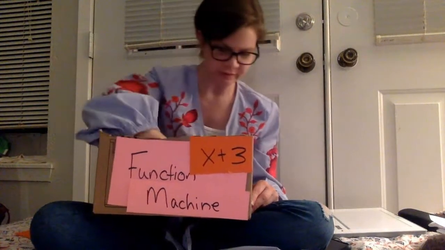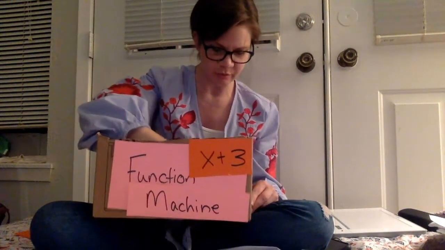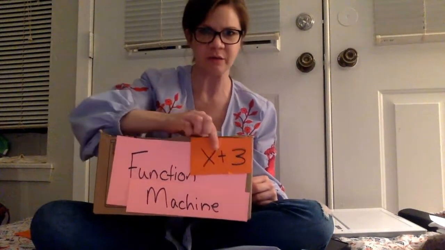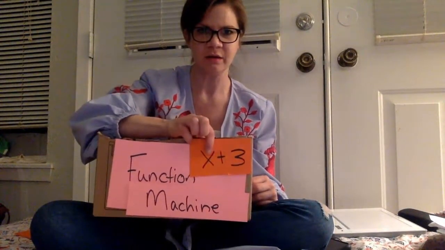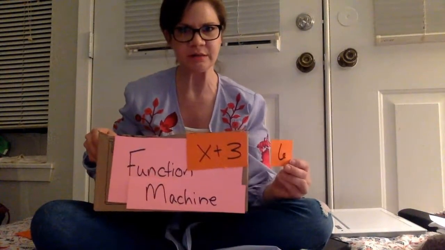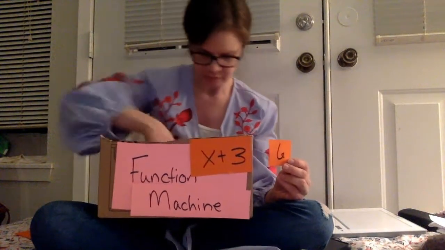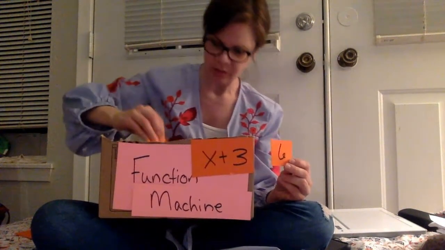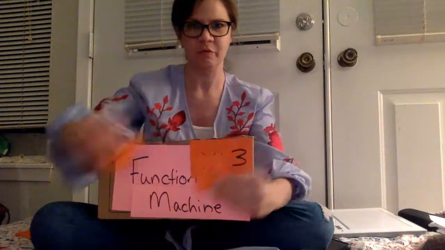X plus 3 is applied to that, and what do you think will come out? If a 3 goes in, meaning the 3 gets put in place of X, out comes, wait for it, a 6. That's my Y value. So this would be an ordered pair for this function.